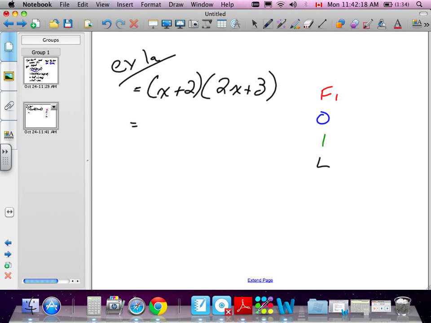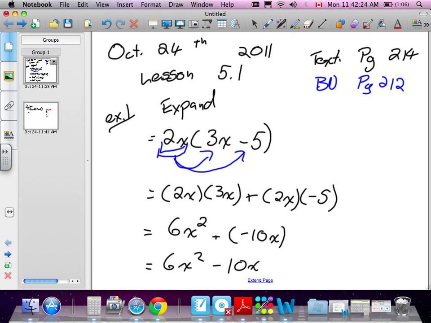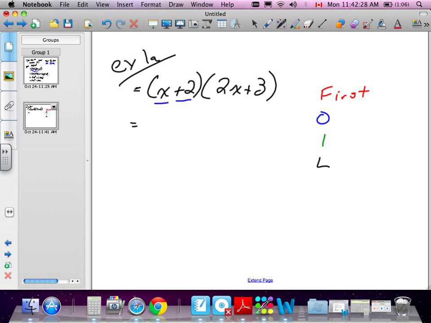If you recall in the last question, I was only multiplying one term by two terms in the brackets. In this example, I have two terms, and I have to multiply them both by each of the terms in the second bracket. So F stands for first, which means I multiply both of the first terms in the bracket. I'm going to write them in red.